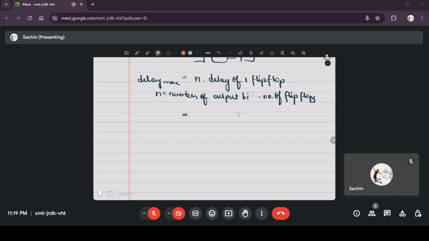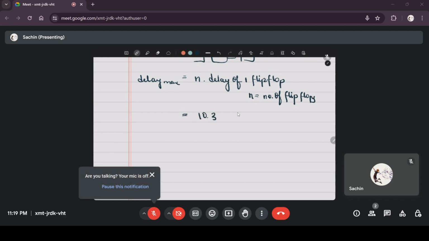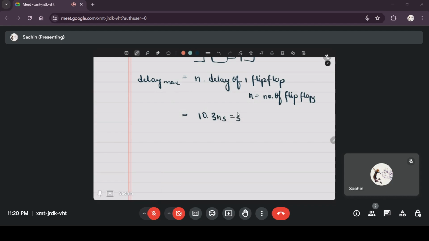In this case it is 10 flip-flops. It's a 10-bit binary counter, and each one has a 3 nanosecond delay, so the total delay is 30 nanoseconds. So that's the maximum delay that you could have.